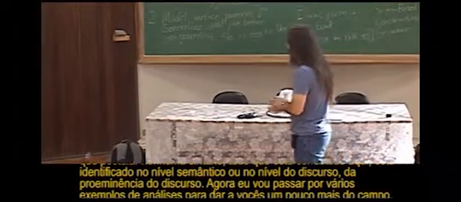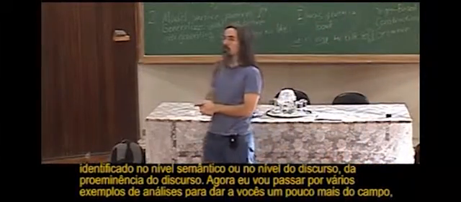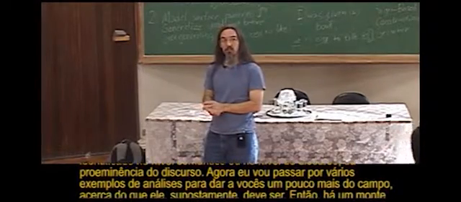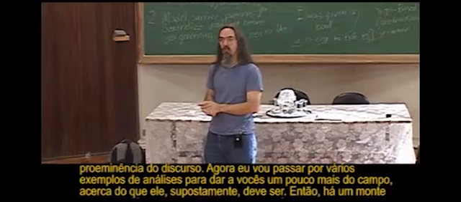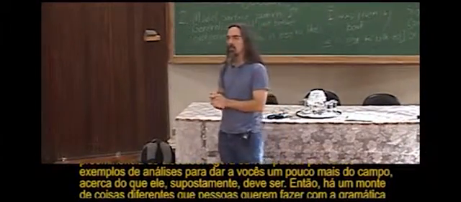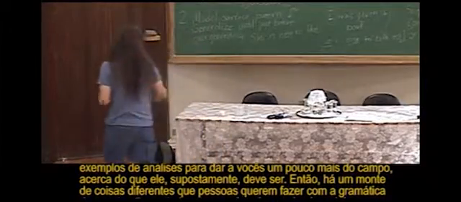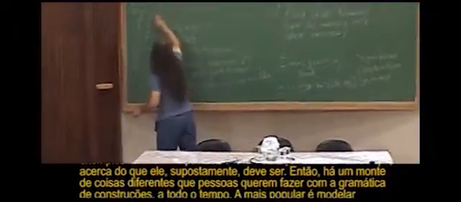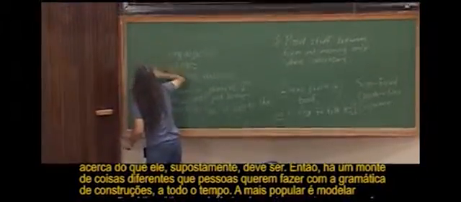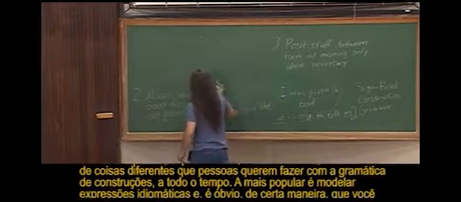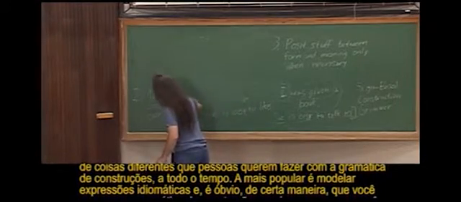Okay. So now I'm just going to go through a bunch of examples of analysis to give you guys a little bit more of a feel for what these principles are supposed to be. There's a bunch of different things that people want to do with construction grammar all the time.